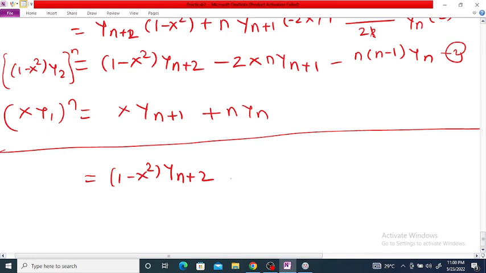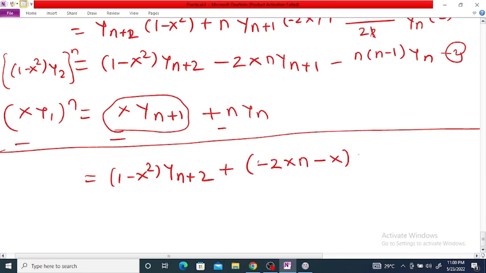Now we want the yn plus 1 term in one bracket. So here is the first term, a minus sign, but minus minus becomes plus. So it is minus twice xn minus x, yn plus 1. Then next, minus n square minus n, minus n yn equal to 0.